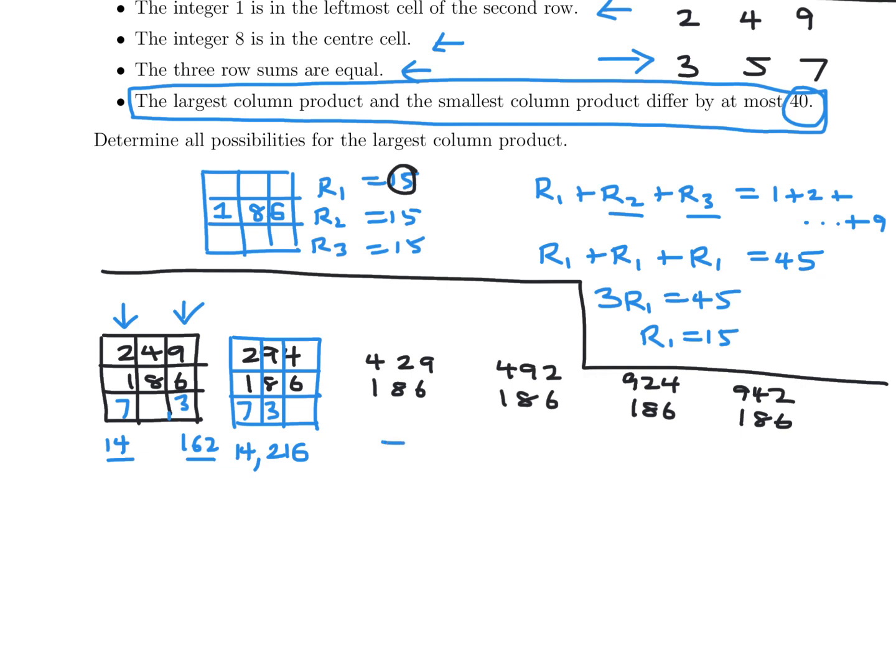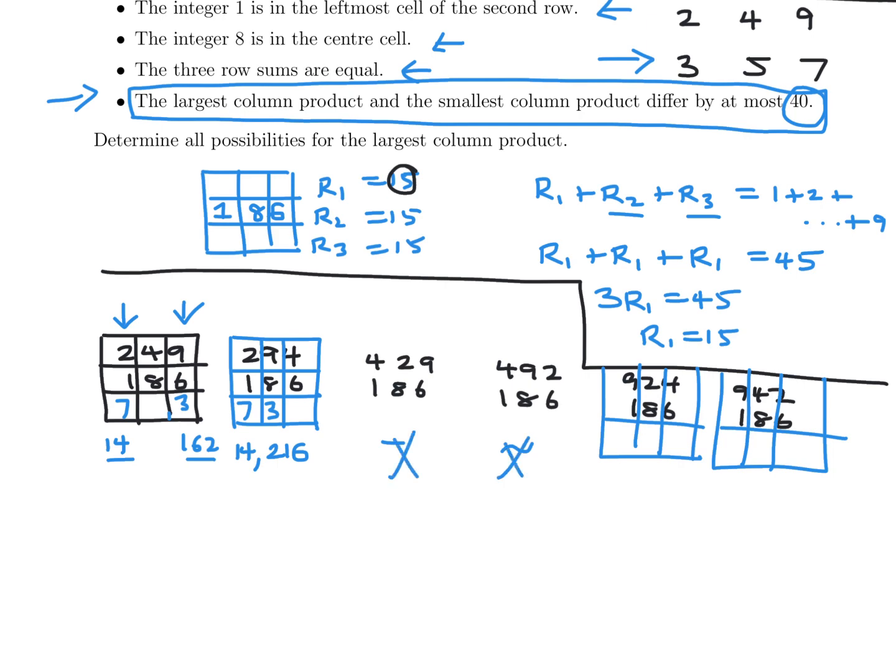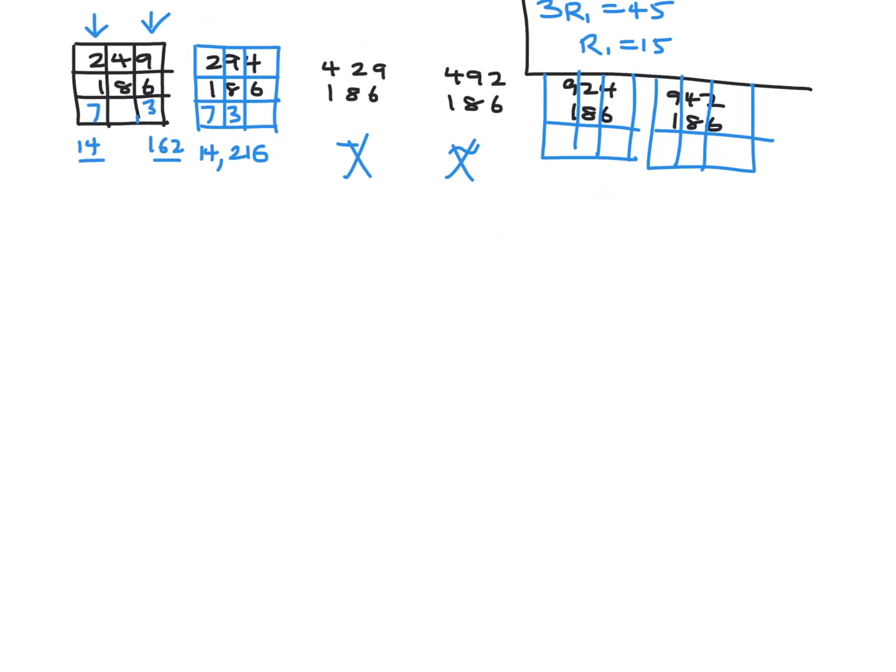And then you do the same kind of thing there, same kind of thing there, and you'll eventually find that the only ones that actually could abide by that rule are these guys. Because these two will also fall apart. And I'll let you guys do that. I'm sure you can. So now we've narrowed it down to just these two. So again, the 924, 186.